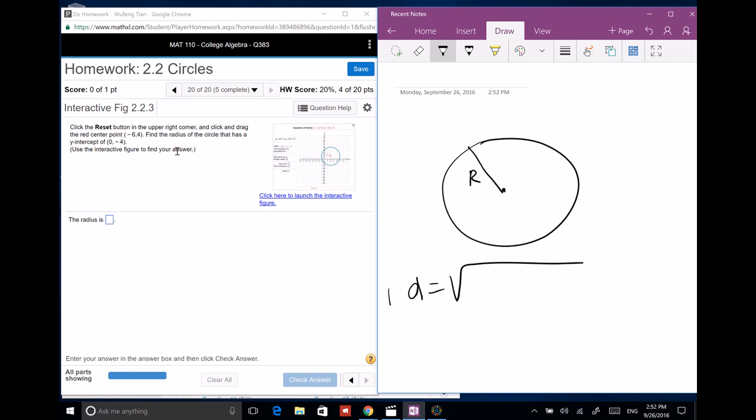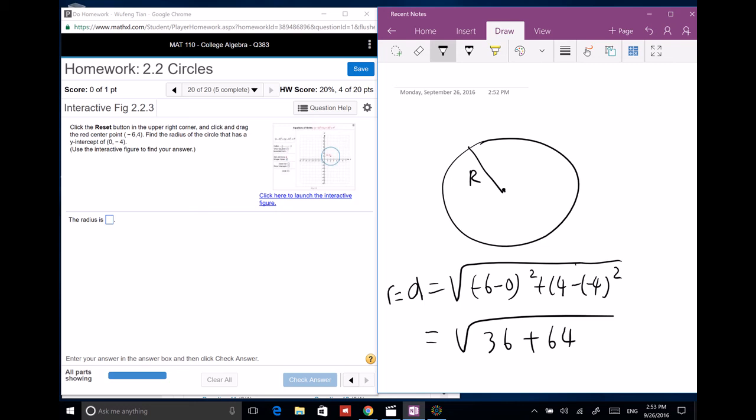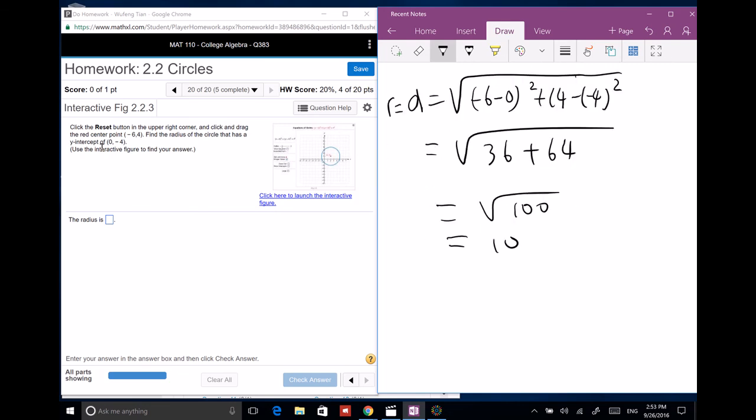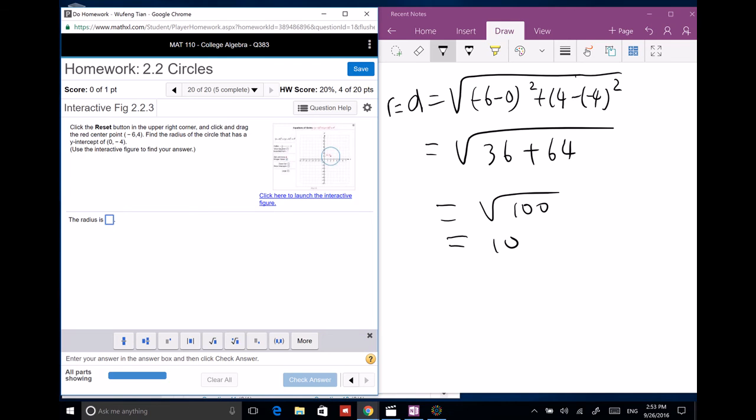So now it's (negative 6 minus 0) squared plus (4 minus negative 4) squared. Negative 6 minus 0 squared is 36, plus 8 squared is 64. The radius is going to be the square root of 100, which is 10. So the radius is 10, the center is given.